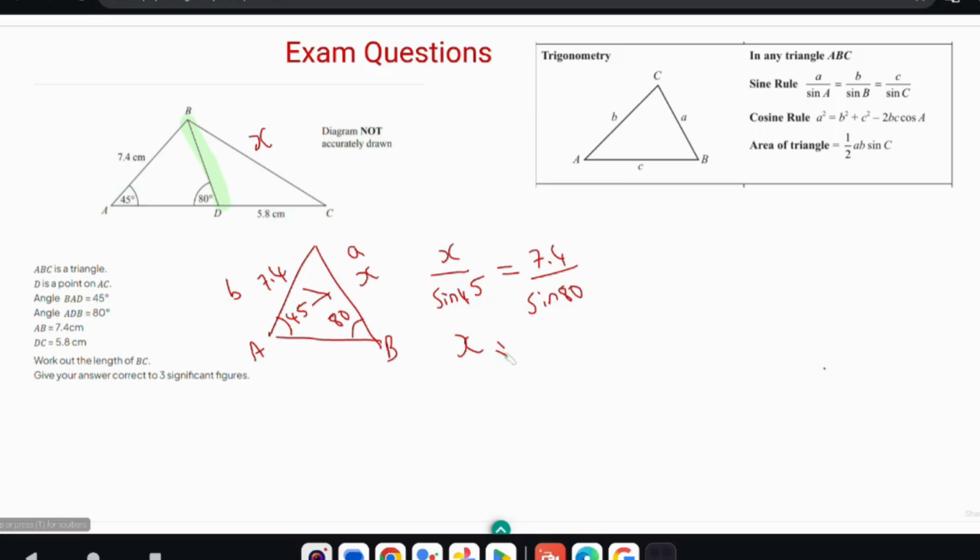I'm going to times both sides by sine 45. That gives us x is 5.3133.